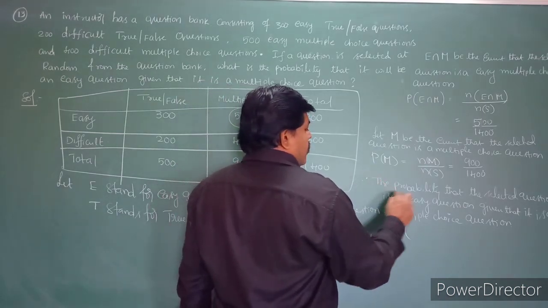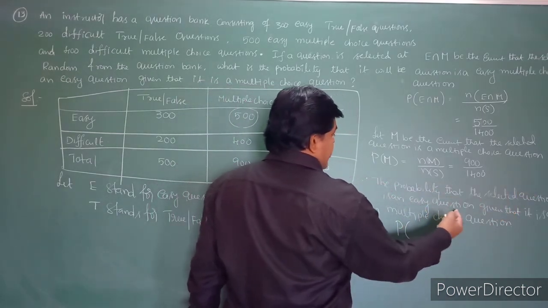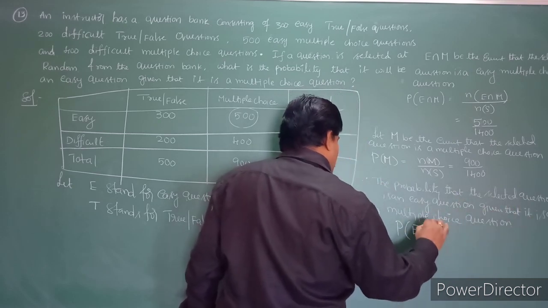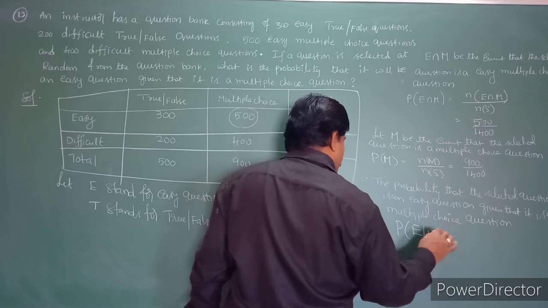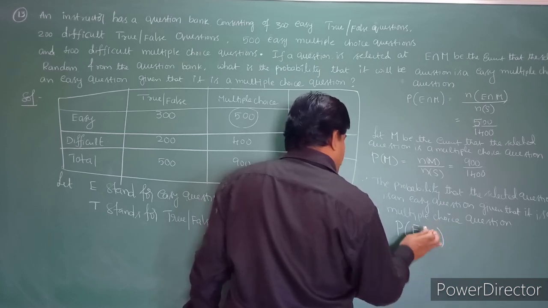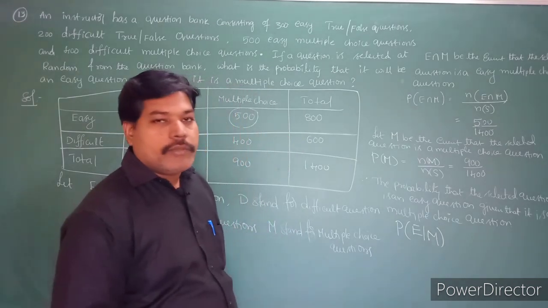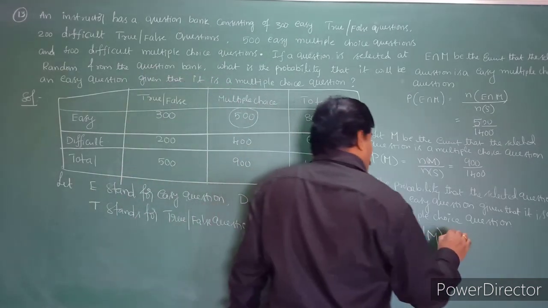Therefore, the probability that the selected question is an easy question given that it is a multiple choice question is E given M. So what is the probability, students?